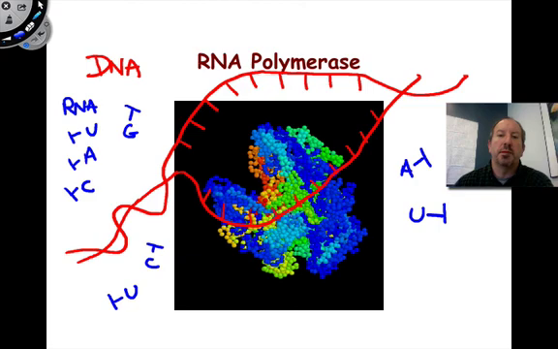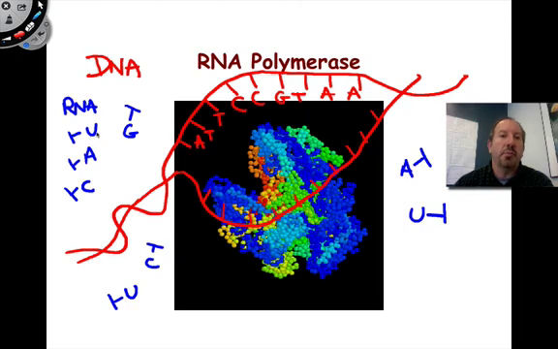And so RNA polymerase comes along and it looks at the sequence. I'm just going to make up this particular sequence of this gene. I'll say it's an A, T, T, C, C, G, T, A, A. And so obviously that would be complementary down below. So what RNA polymerase does is it brings in these new RNA nucleotides.